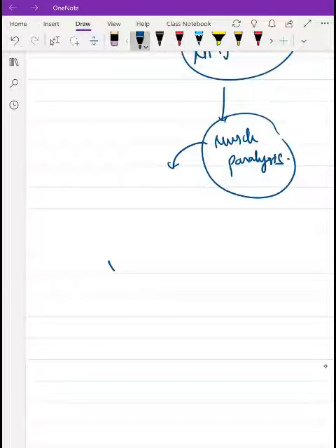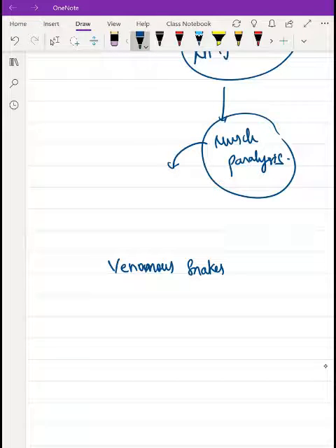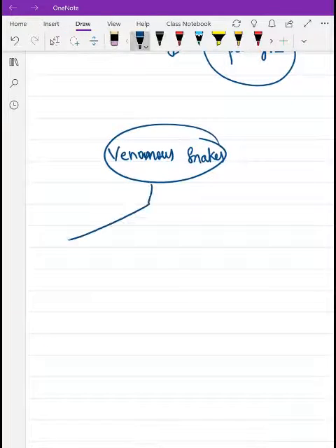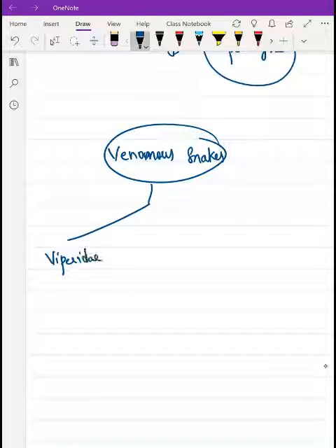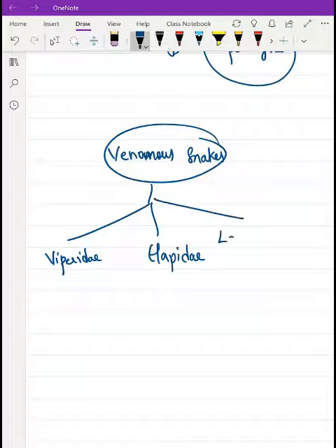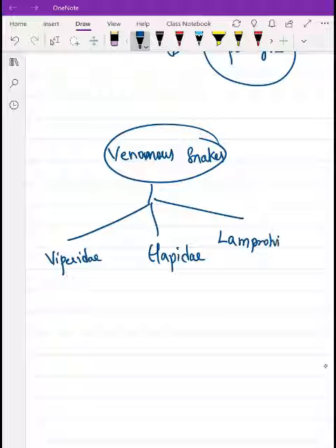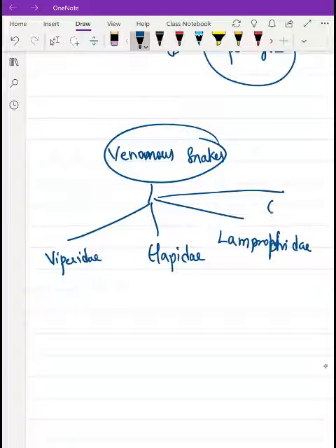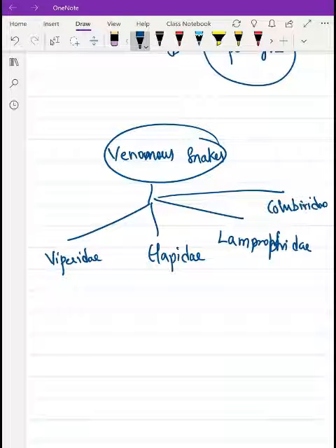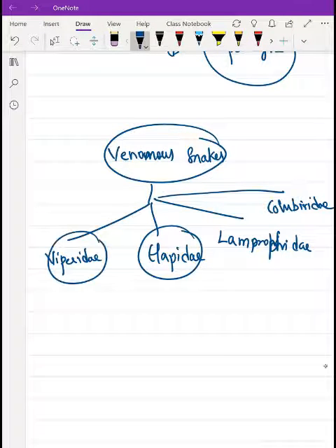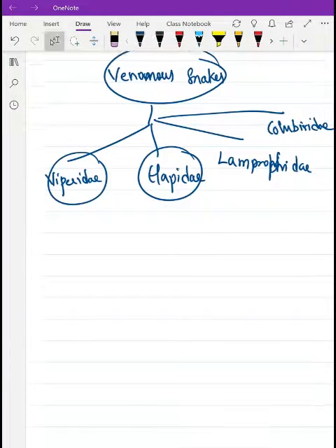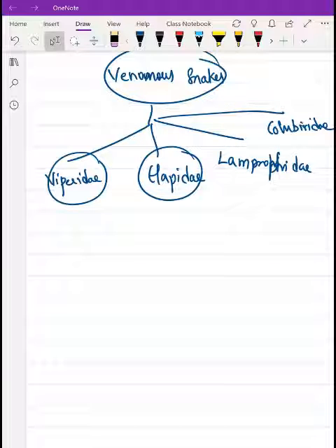Now I'm going to classify venomous snakes. They are Viperidae, Elapidae, Lamprophidae and Colubridae. I confine my topic mainly to Elapidae and Viperidae because in India we majorly see five types of snakes.